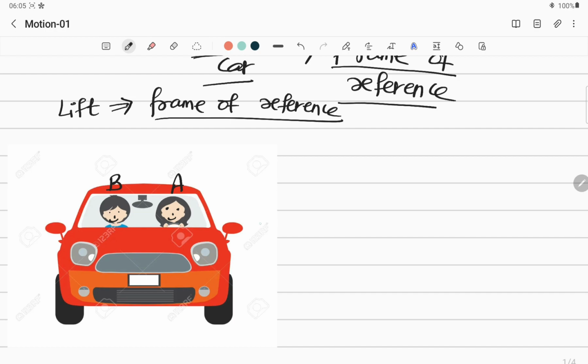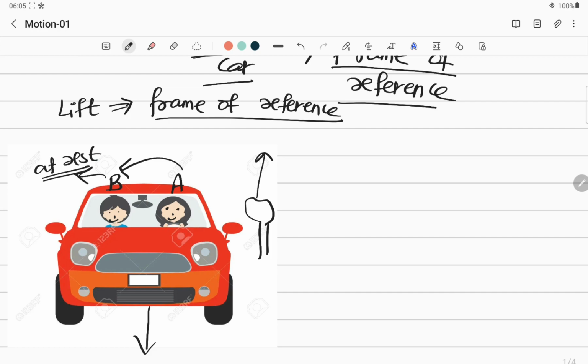For example, there is a tree by the side. When person A sees this tree while they are moving forward, they feel like the tree is moving backward. But when person A sees person B, person A will feel that person B is at rest. Why is person A feeling that person B is at rest? Because both have the same frame of reference.